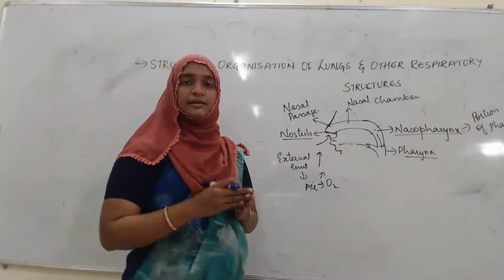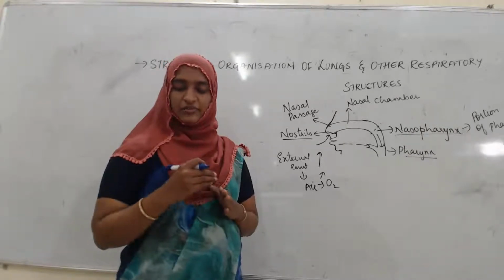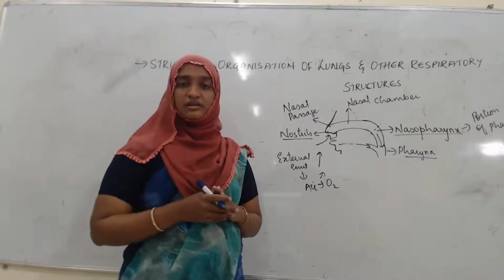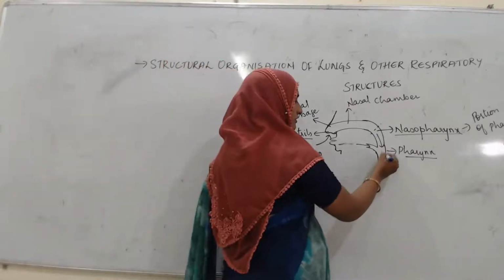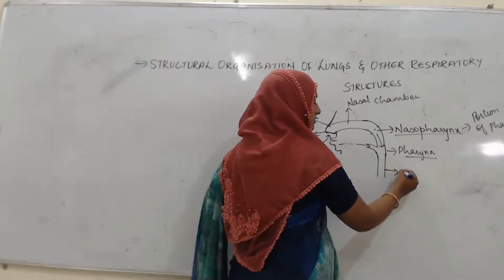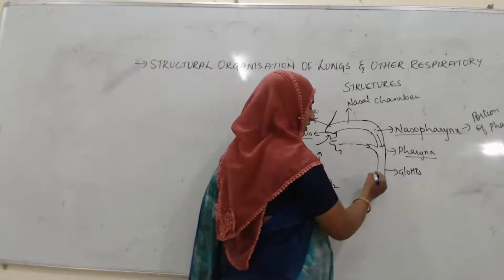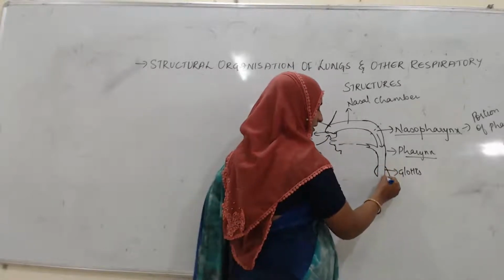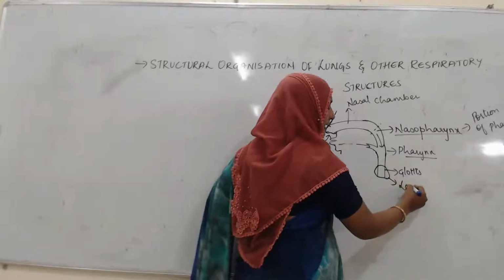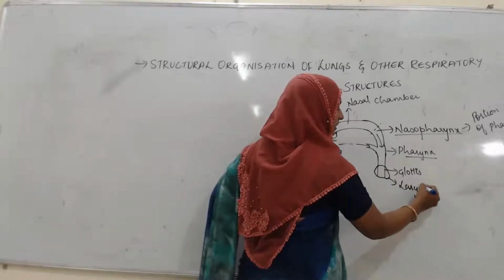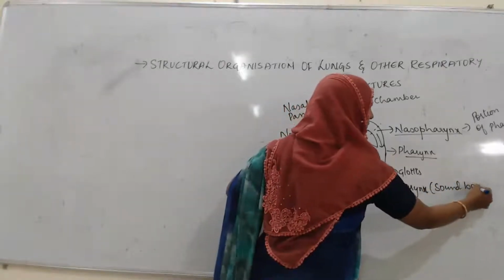The next: the nasopharynx opens through the glottis of the larynx region into the trachea. After this there is a glottis. This is the glottis region, located in what we call the larynx, which is also known as the sound box.